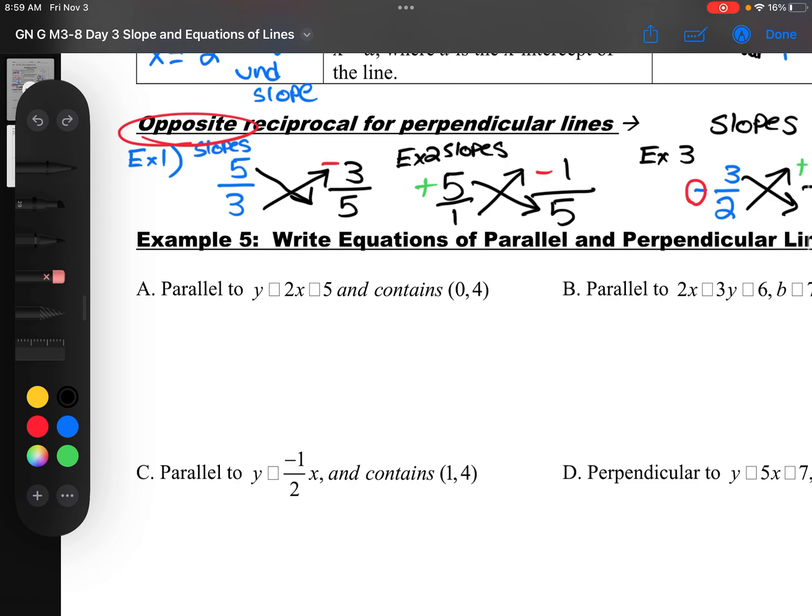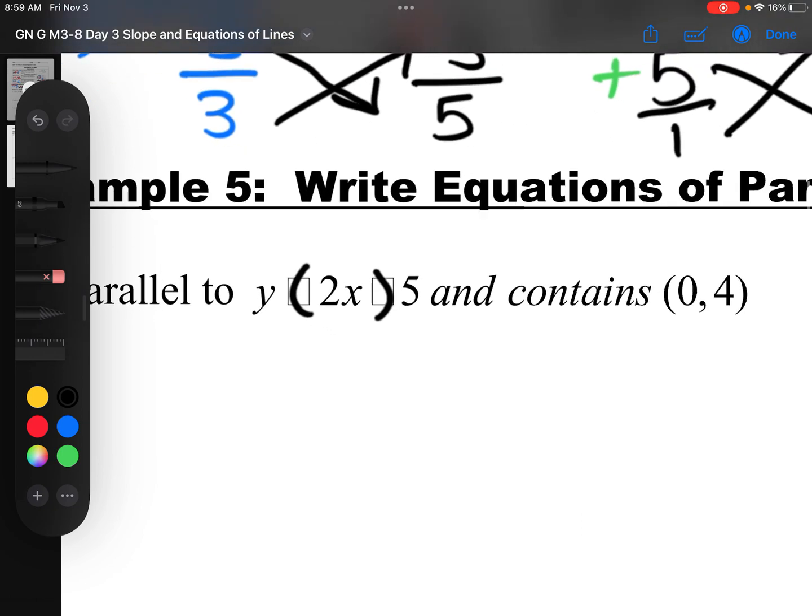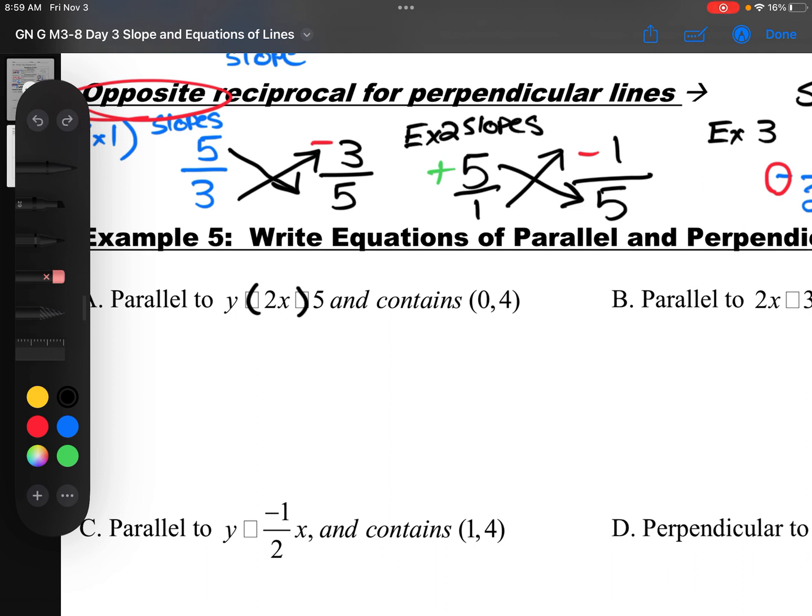Okay, the notes didn't copy right, so please go ahead and fill in all of these blank boxes. Or actually, never mind.